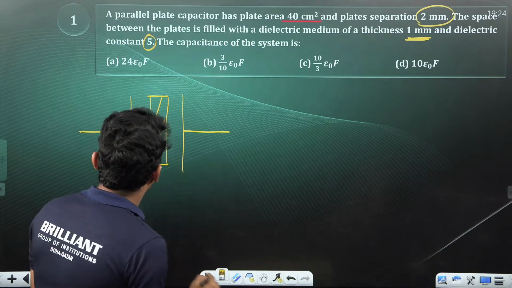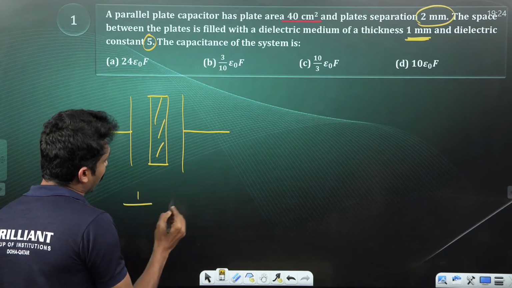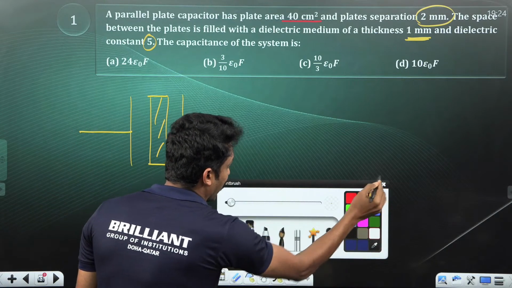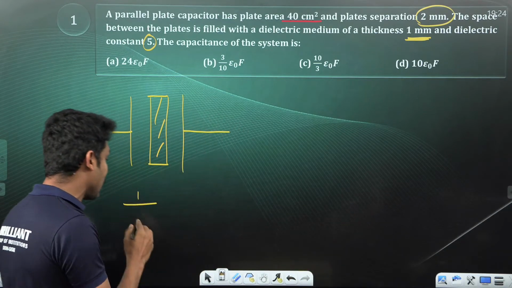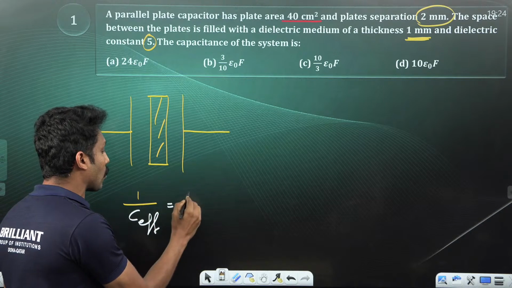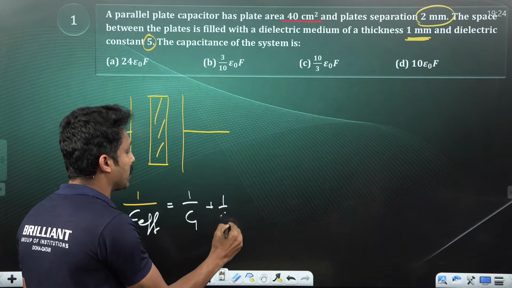Now the effective capacitance in a series combination is given by 1 by C effective equal to 1 by C1 plus 1 by C2.